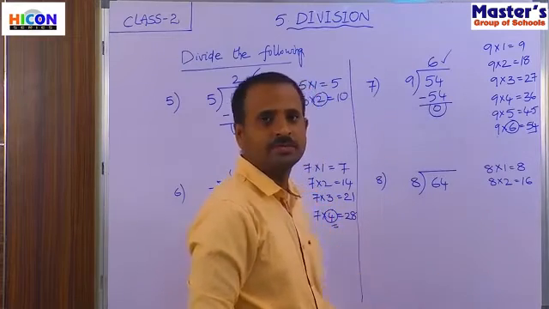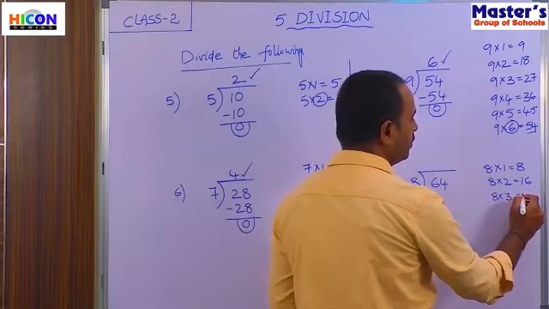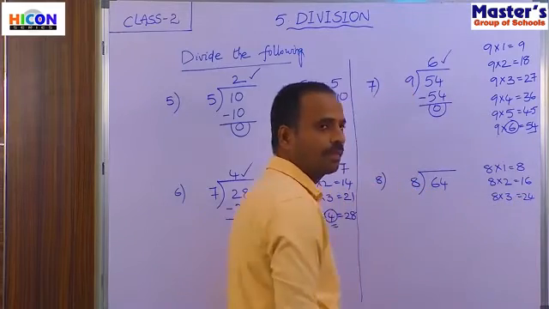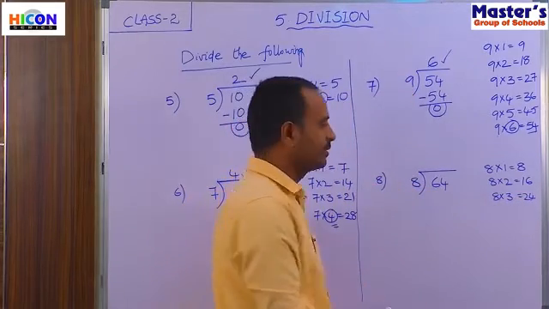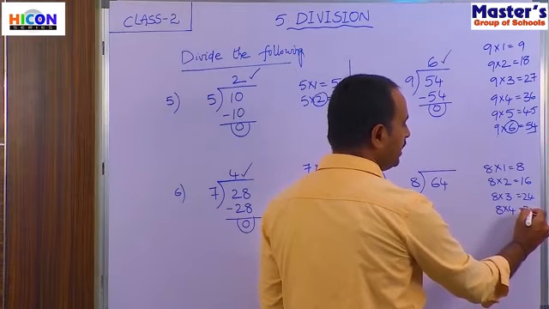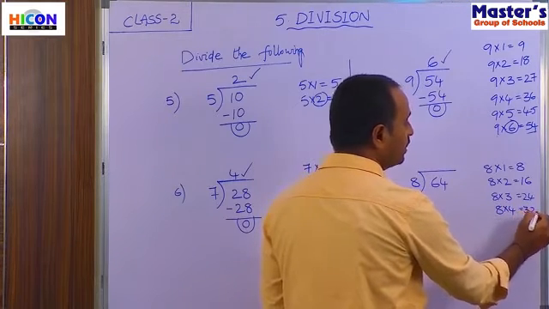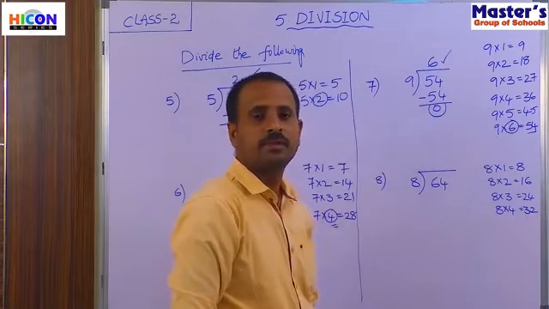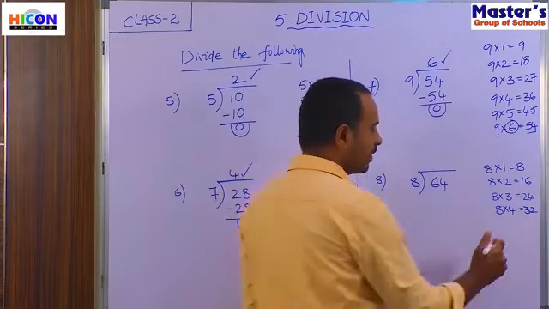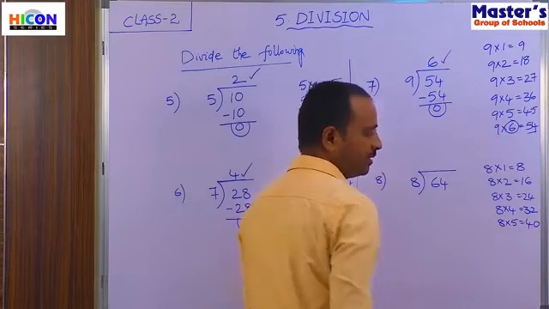Now take 3 times, 8 threes are 24. Now take 4 times, 8 fours are 32. Now take 5 times. 8 fives are 40.